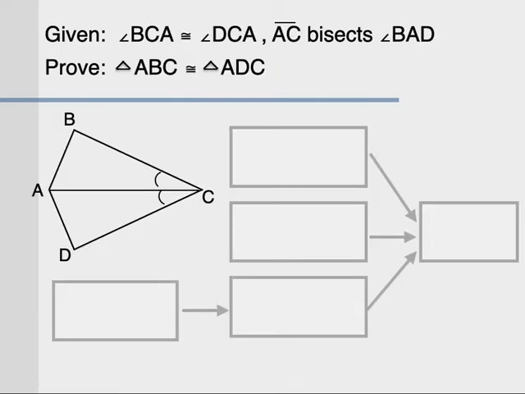Last one. If you have an equation or a congruency in the given, that can go in one of your three main boxes. If you have any other type of fact in the given, you'll put that before a main box so you can use it to create an equation later.